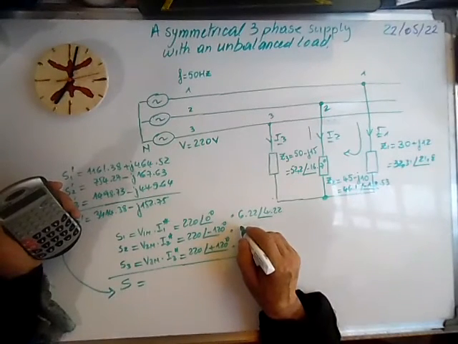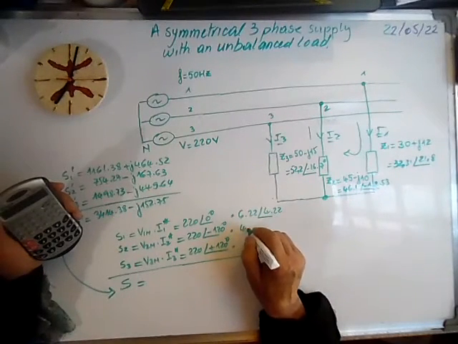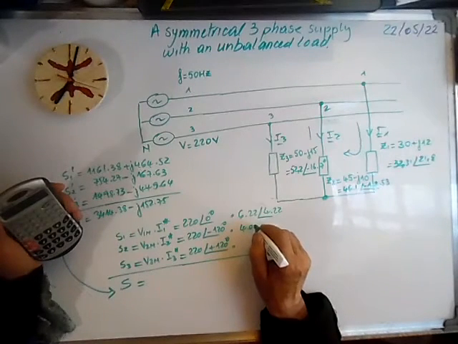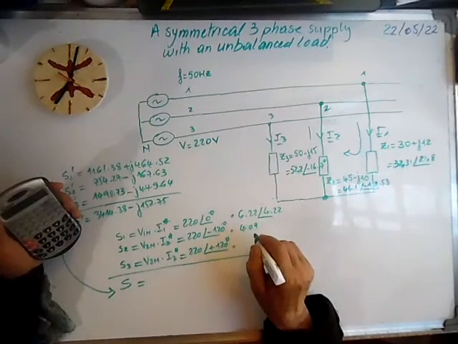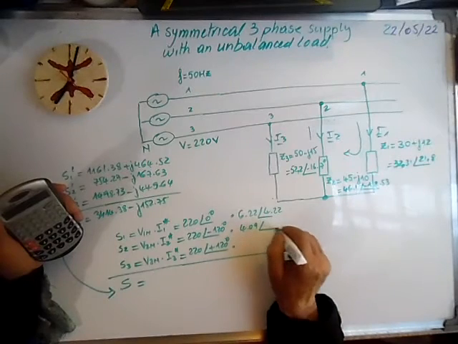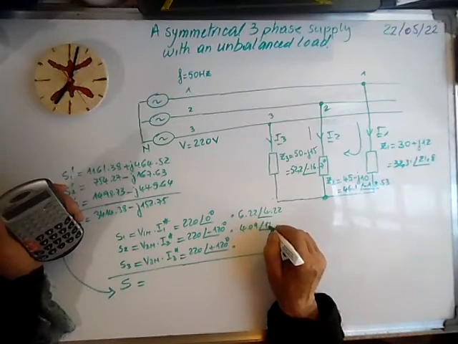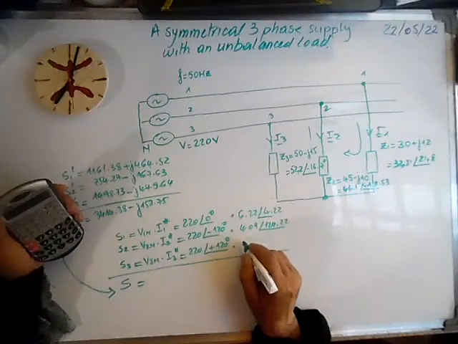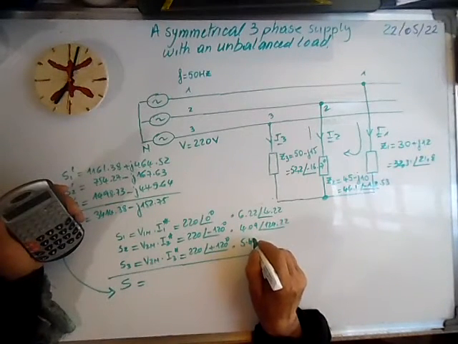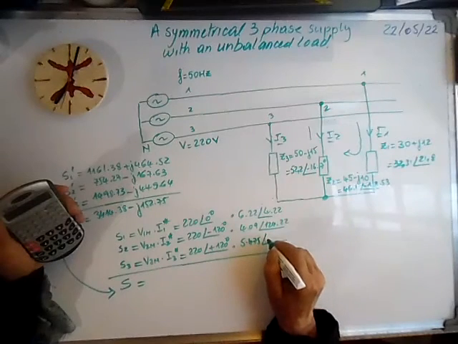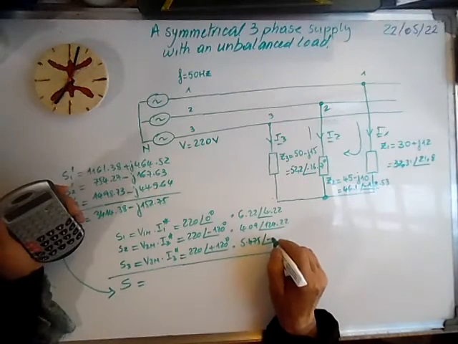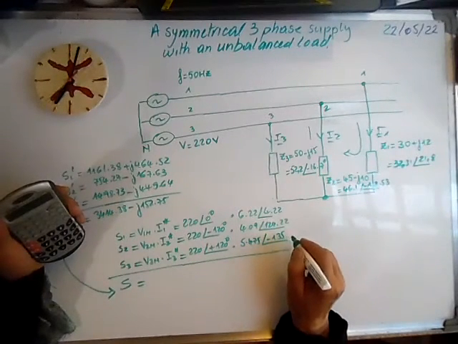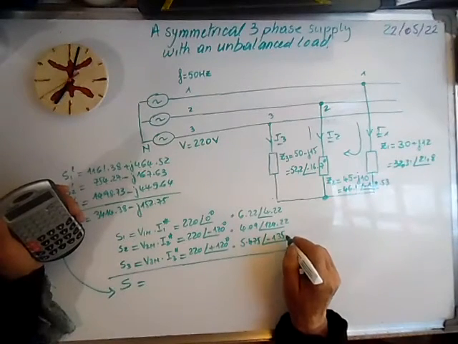Here it's 4.099, and the argument is 124.22. Here is 5.475, and here we have minus 135.42.